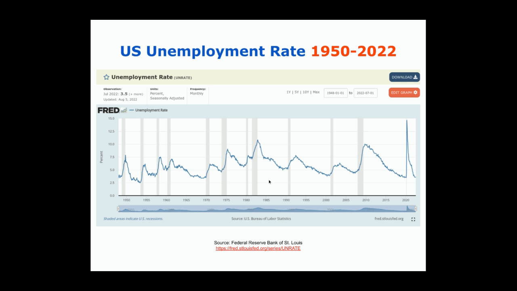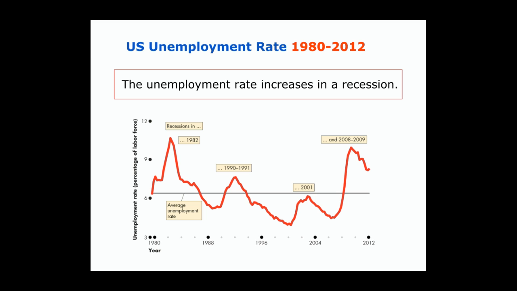Sometimes it's higher, sometimes it's lower. And we can see that unemployment increases during recession when the economy is not growing. When we're in a downturn, businesses don't hire people. In fact, they oftentimes lay people off. And so we have higher unemployment during recession, and we have less unemployment during periods of economic growth.